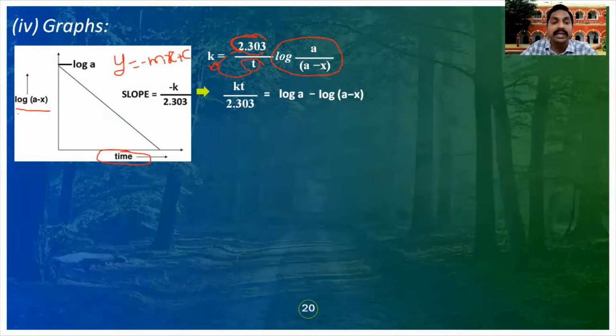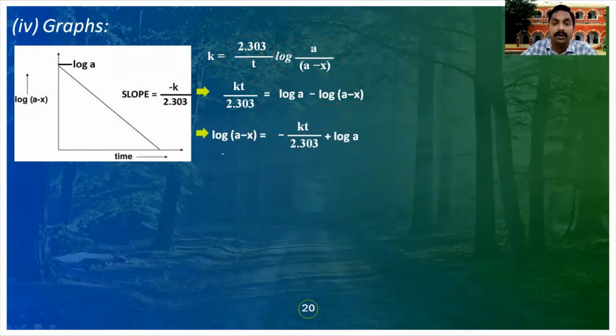So now we need y is equal to minus mx plus c. What is y here? log a minus x. So we need log a minus x on the left hand side and everything else on the right hand side. log a minus x is equal to minus k by 2.303 into t plus log a. तो y का जगह log a minus x है और माइनस m का जगह पे हमें k by 2.303 है और x का जगह पर टाइम है और प्लस c का जगह पर log a है.